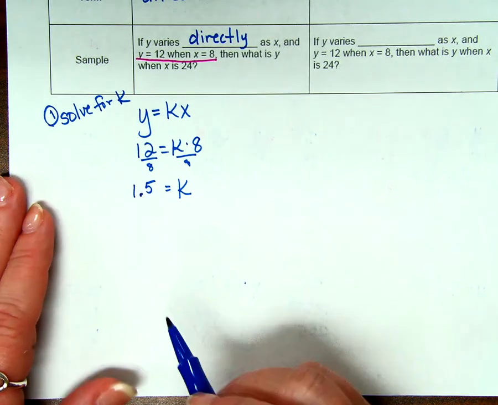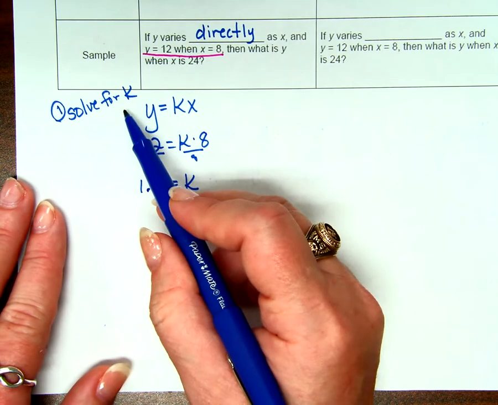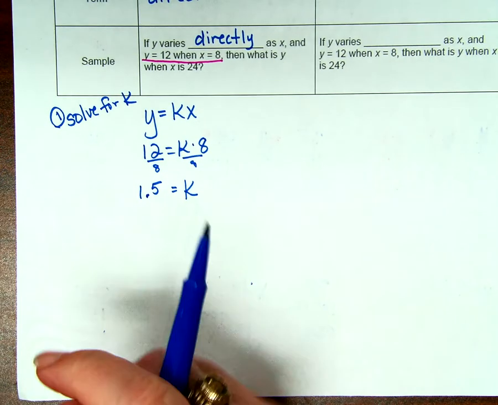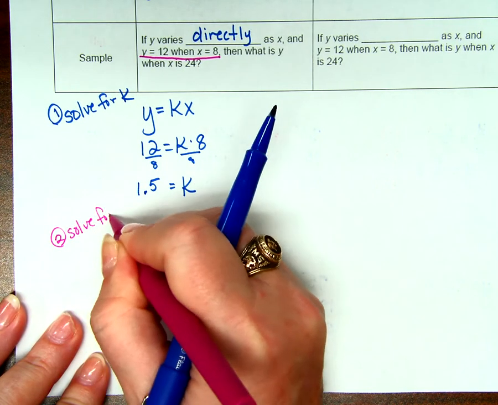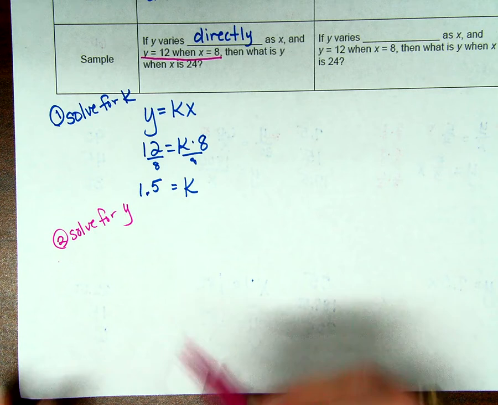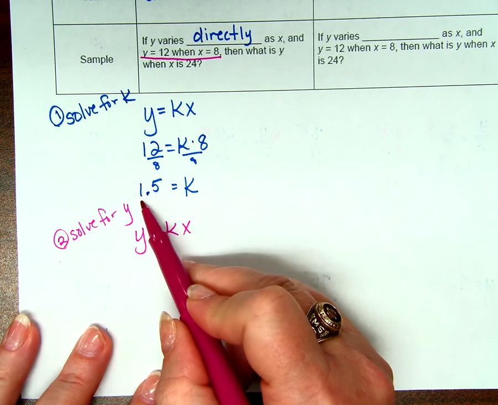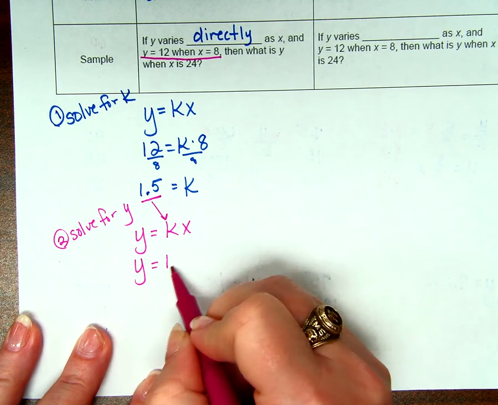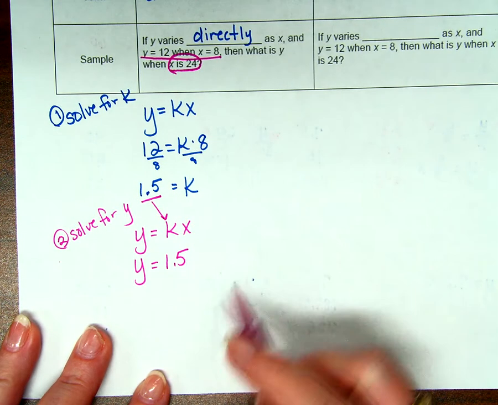Could we leave it 3/2 if we wanted to? Yes. Well, now that I've solved for k, what am I actually trying to solve for? After I solve for k, I want to solve for y. So I have to start over. y equals kx. But this time, what do I know? I know k. So y equals 1.5. And what else do I know? x is 24.